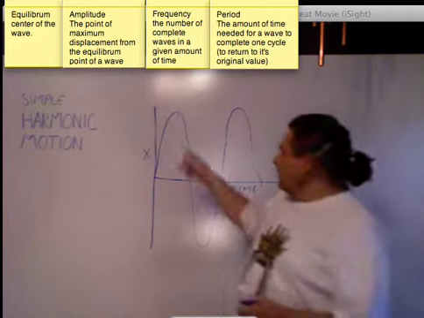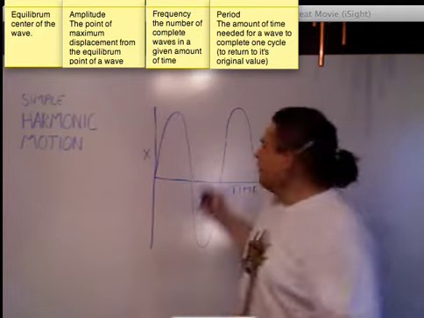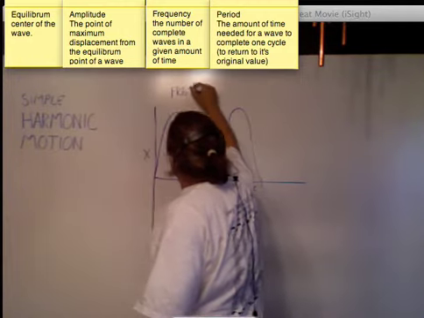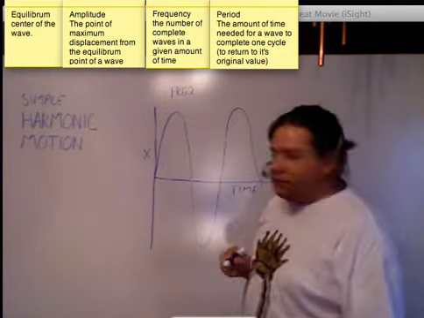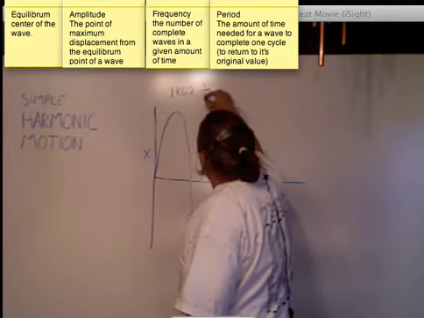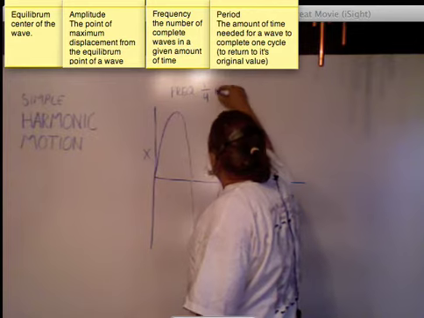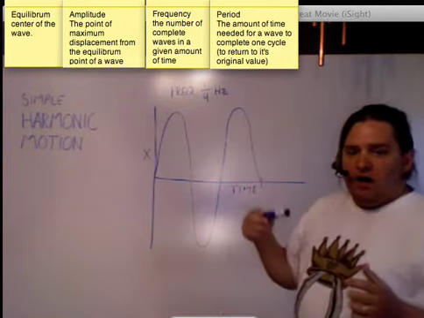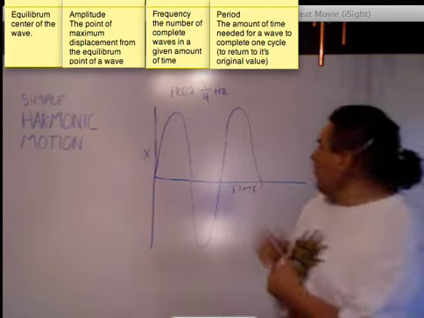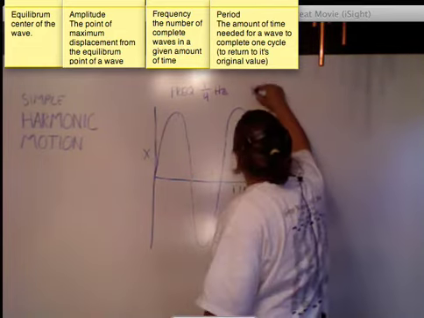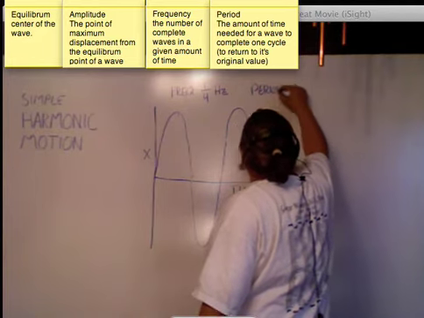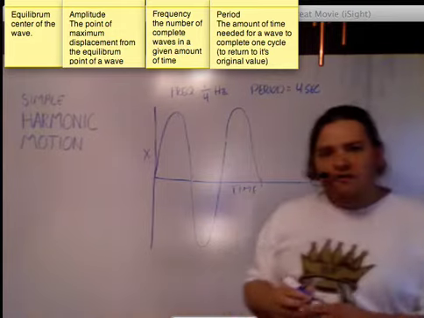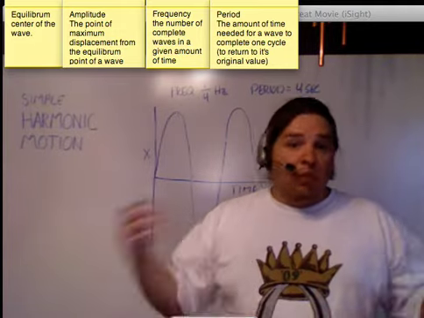So talking about this point, we said that the frequency is 1/4 hertz, which is 1/4 of a cycle per second. Now, at that point I said the period is 4 seconds, which means it takes 4 seconds for one complete wave.